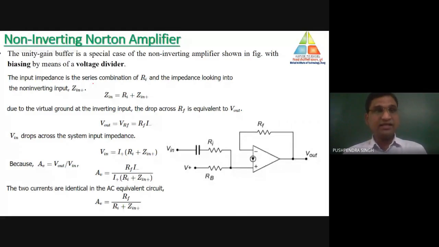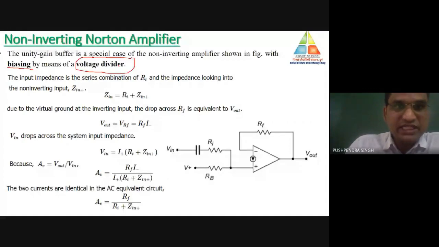But in case of non-inverting Norton's amplifier, we give the biasing with the help of a voltage divider circuit. It's confusing, so please remember this. In inverting, biasing is given with I plus current. In non-inverting, biasing is given with a voltage divider circuit. This is the basic difference.